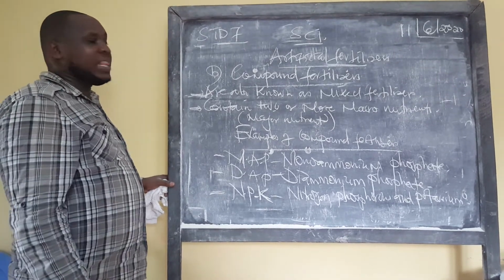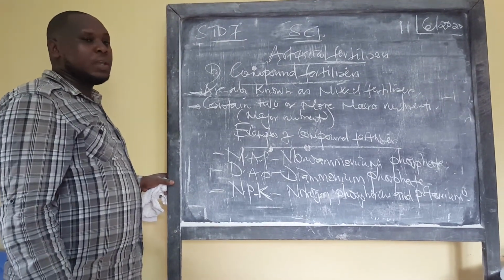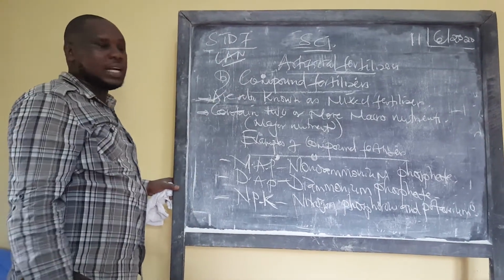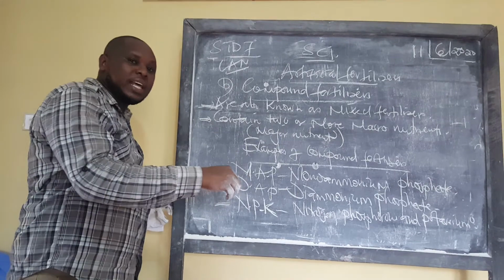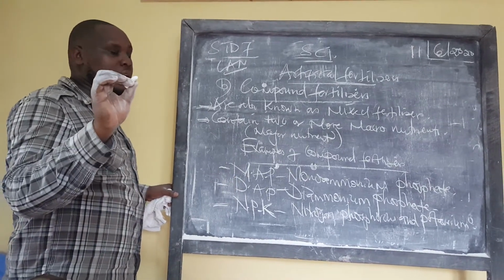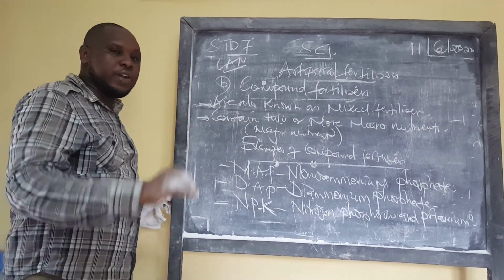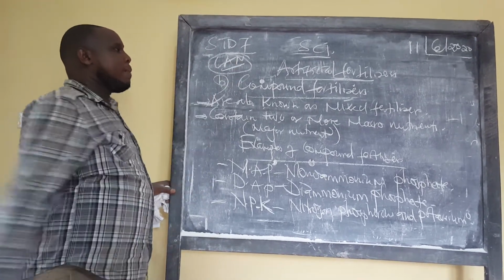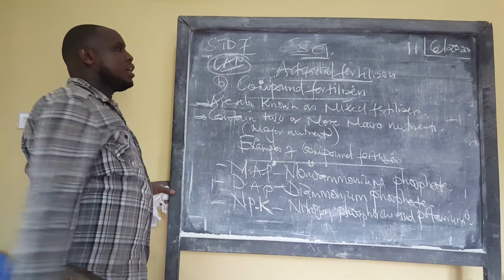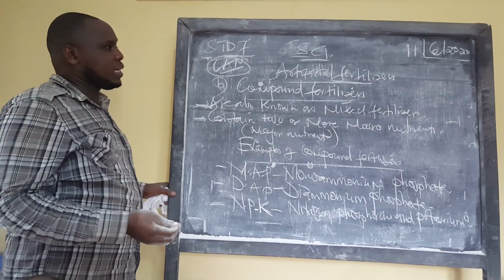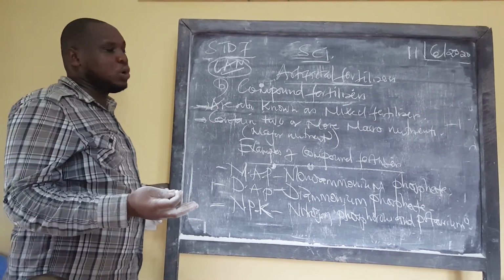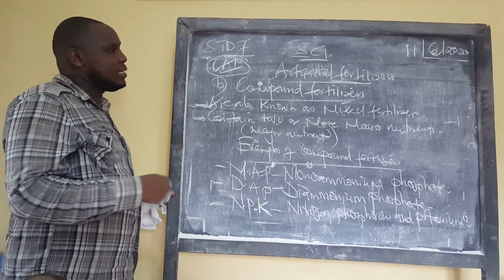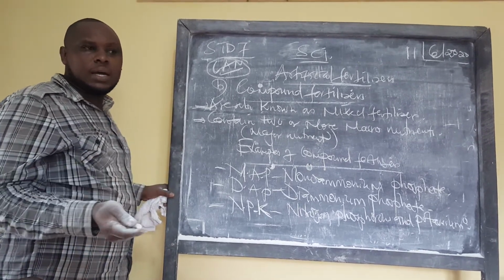But if you compare that to artificial fertilizers, for example CAN, a top dressing fertilizer, once you place it there, it will fix the nutrients almost immediately. That is an advantage of artificial fertilizers, because they have a known macronutrient. But manures do not have a specific nutrient.